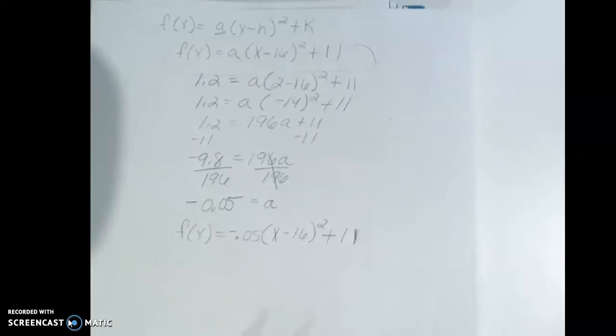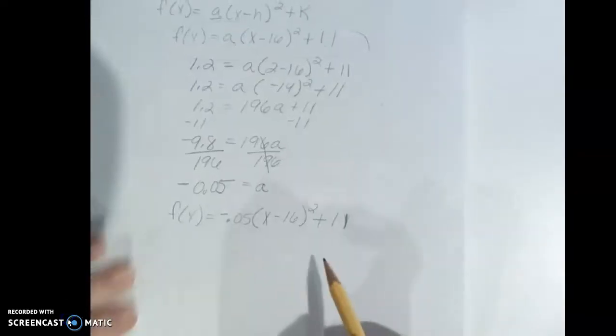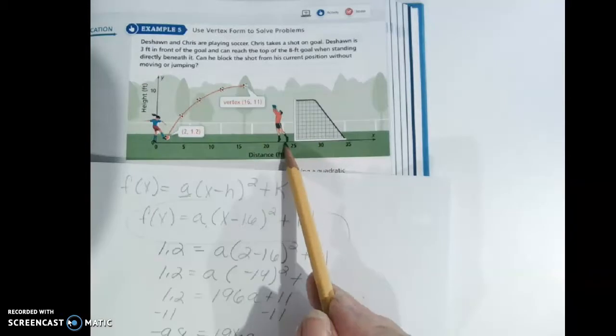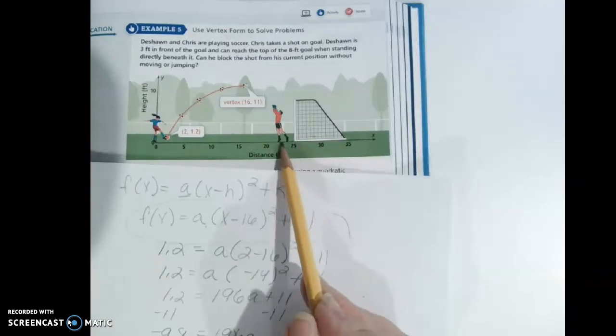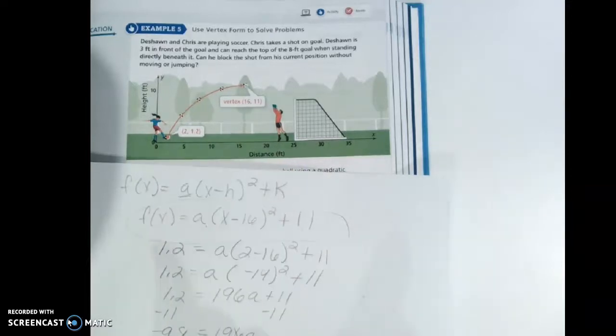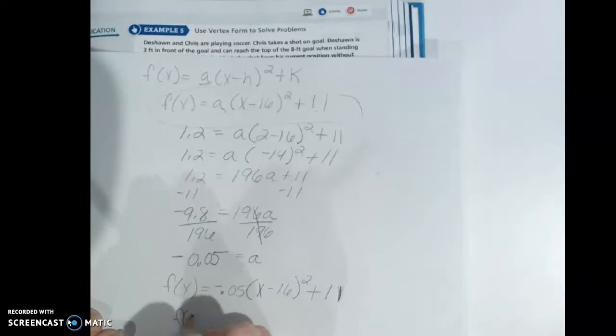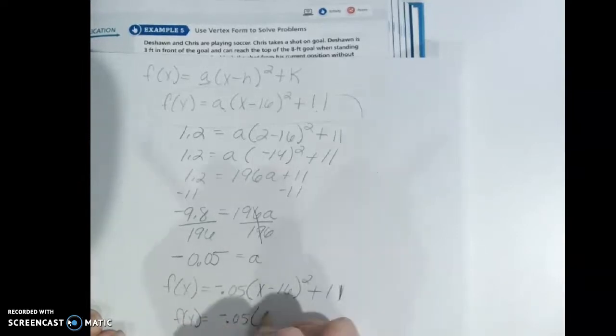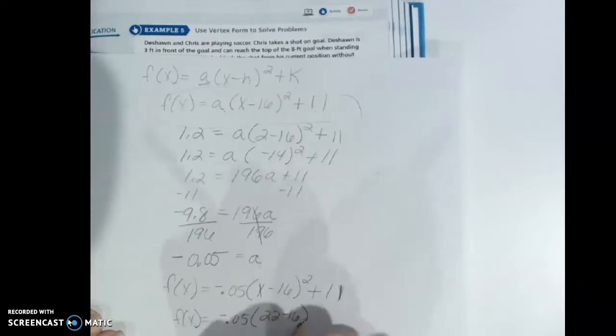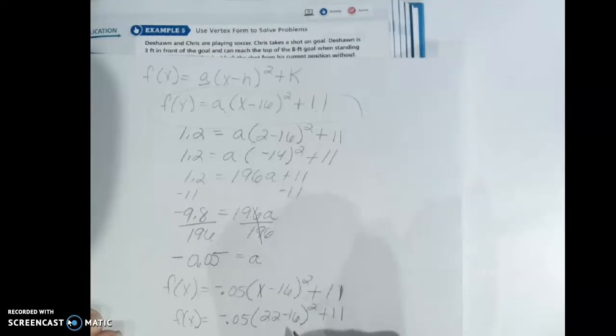Okay, when I go back to the problem, this is where the goalie is standing, and he's 3 feet in front of the net, so he's standing at where x is 22. So we're going to go ahead and put in 22 for x. So f(x), or we could call it y, is negative 0.05 times (22 minus 16) squared plus 11. I just substituted in that x value.